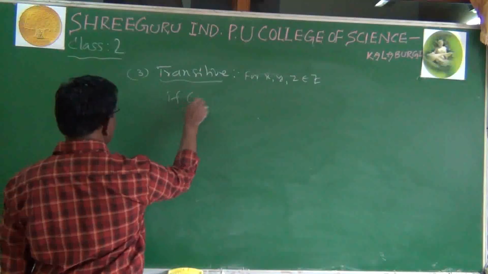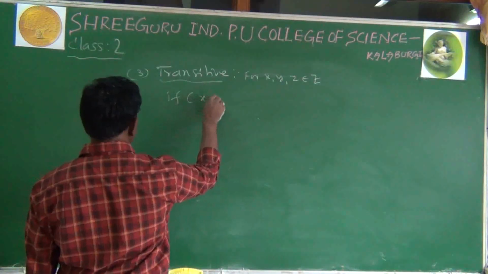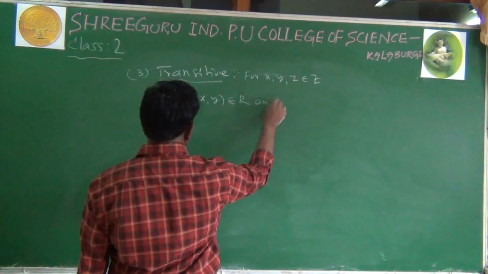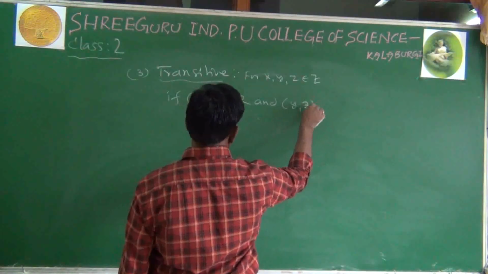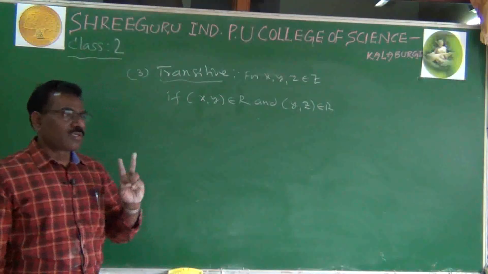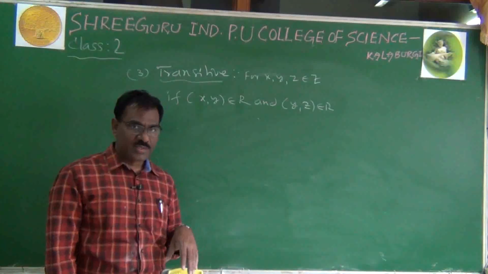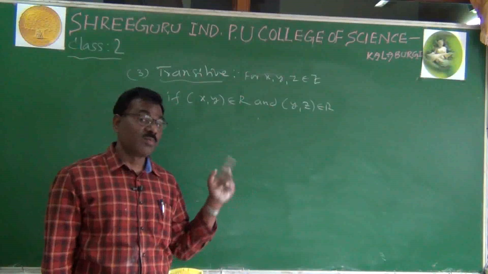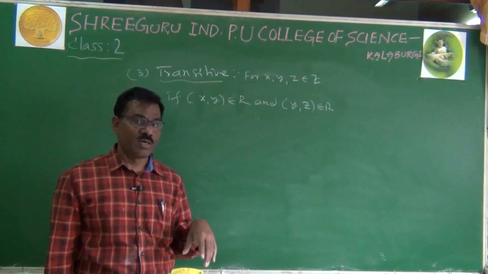How many ordered pairs are given? 2 ordered pairs: X comma Y belongs to R, and Y comma Z belongs to R. Given two ordered pairs, we have to prove the third ordered pair. A comma B, B comma C given, we have to prove A comma C.